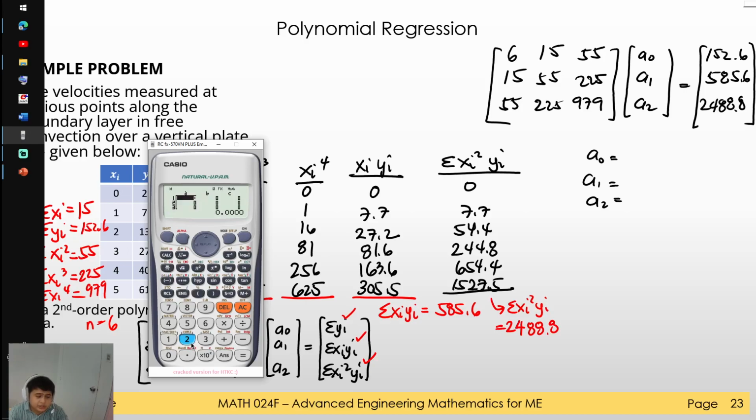Since there are 3 equations and 3 unknowns, input the values: 6, 15, 55, 152.6; 15, 55, 225, 585.6; 55, 225, 979, and 2488.8.